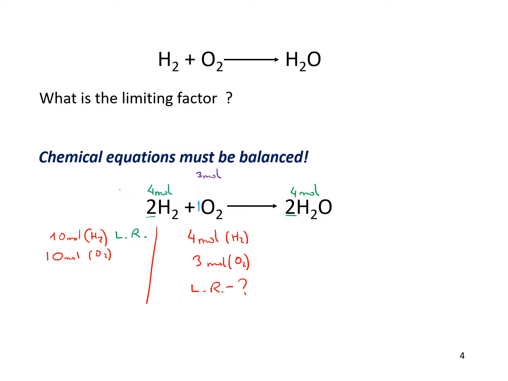What do we do? Just like we did before. So do first for the hydrogen. You will put that 4 moles of hydrogen will produce 4 moles of H2O, because again the ratio is 1:1.